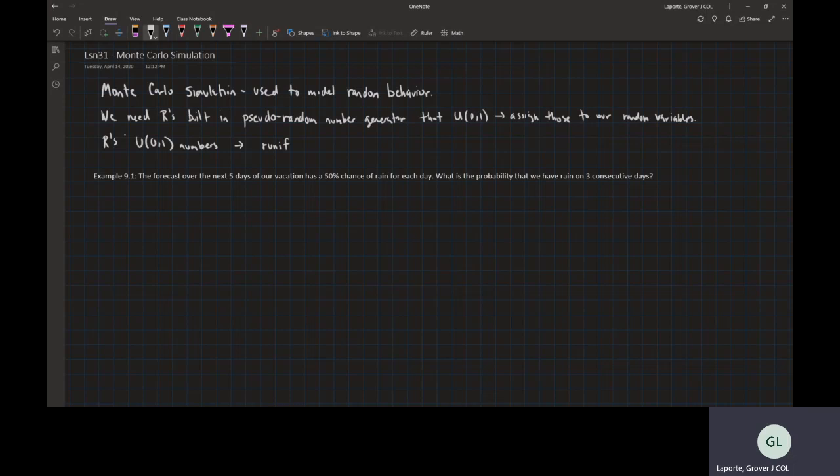It's r, meaning random variate, and then unif is uniform, and then you give it an n, where n represents the number of uniform 0-1 random variates that you want. So if you want 1,000, ask it for 1,000.